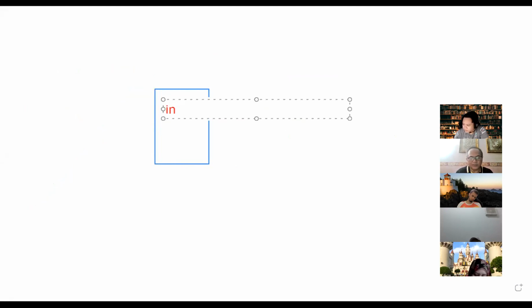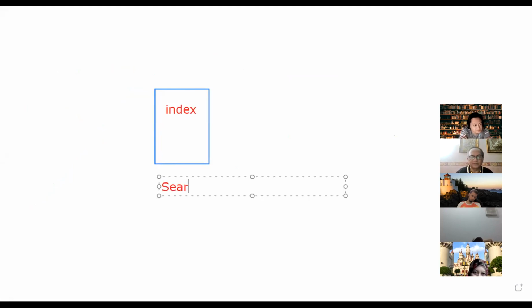The system is called a search and retrieval system. You can read any books on search and retrieval systems. We call it a search and retrieval system, or an information retrieval system. Same thing.